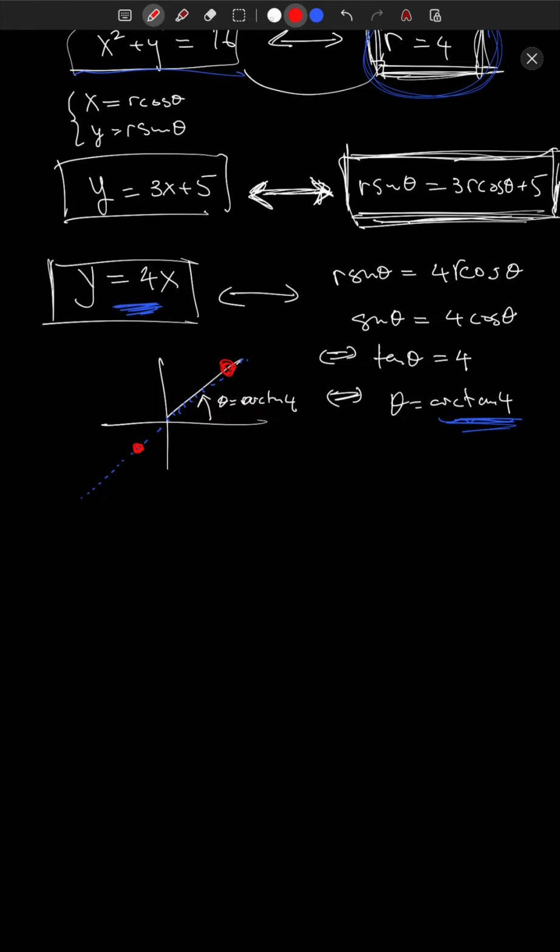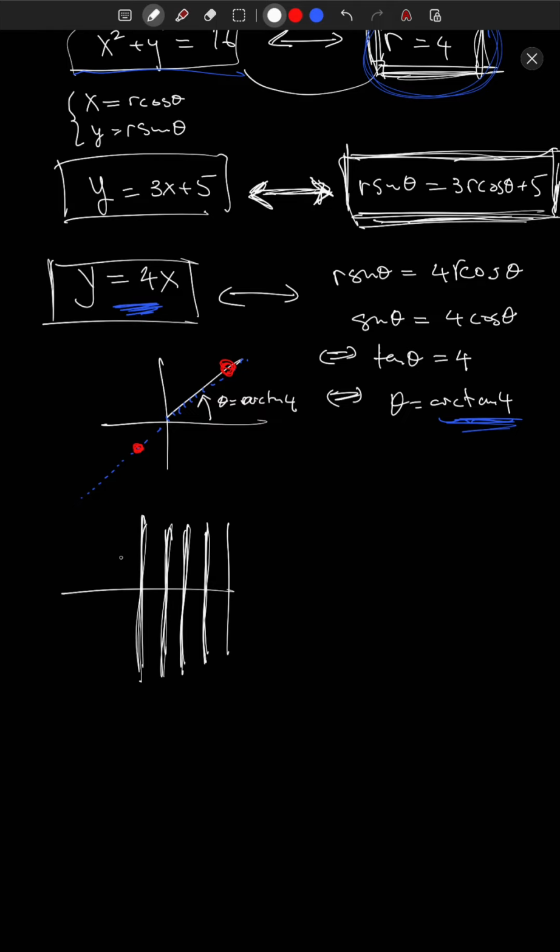All right. So one thing to notice is in rectangular coordinates, when you have x as a constant, we're talking about vertical lines, right? So for example, this line here is maybe x equals 3. That line might be x equals 2. That line might be x equals 1, right? This line here is x equals 0, and so on, -1, -2, -3, right?